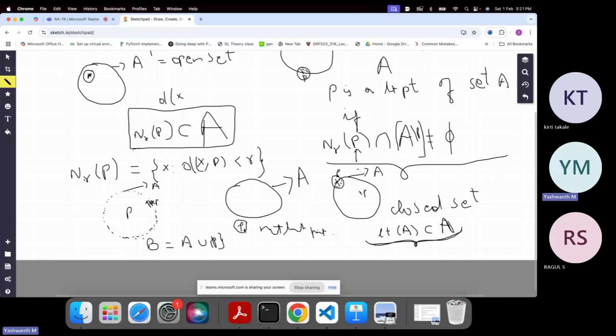This point P belongs to B, and it is not a limit point of B, because you can draw a small radius around it and it will not intersect B anywhere else. So such points are called isolated points.